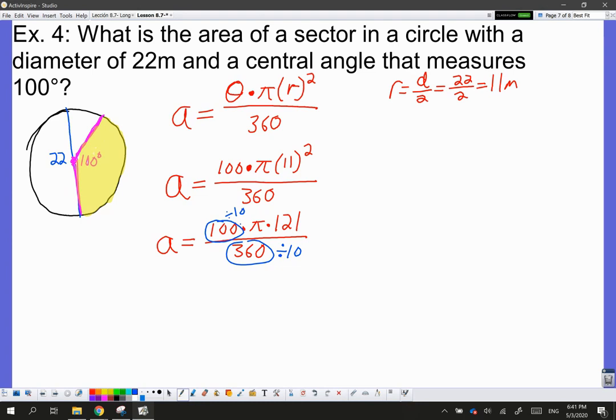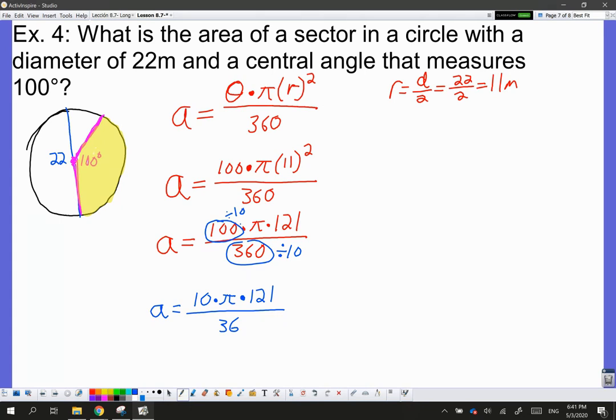So when I divide the numerator by 10, I'm going to write A equals 100 divided by 10 is 10. And I'm going to write out pi and 121. And then on the bottom, 360 divided by 10 is 36.